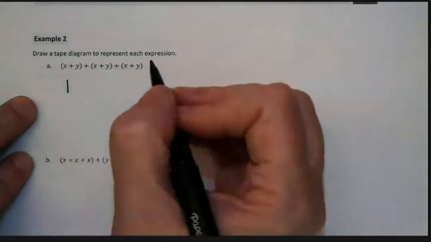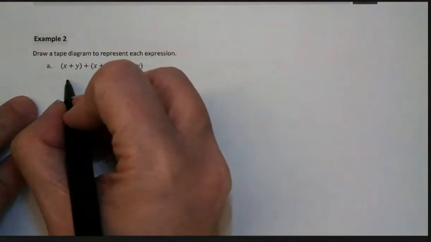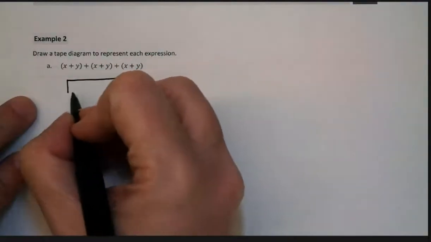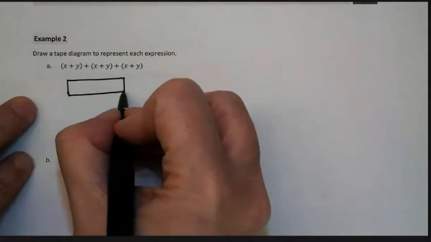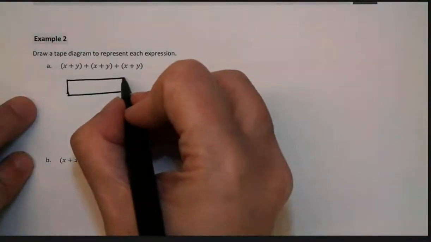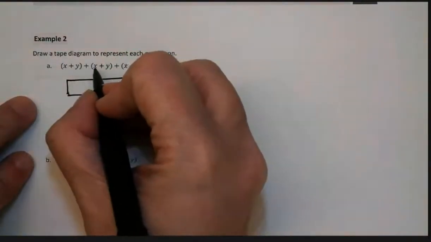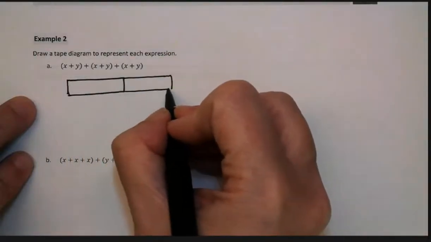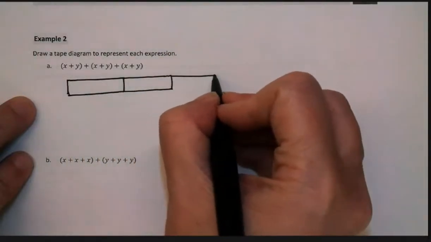So I'm going to draw myself a tape diagram to represent this. So I've got one, two, three different things here, so I'm going to draw 3 rectangles that are about the same size.